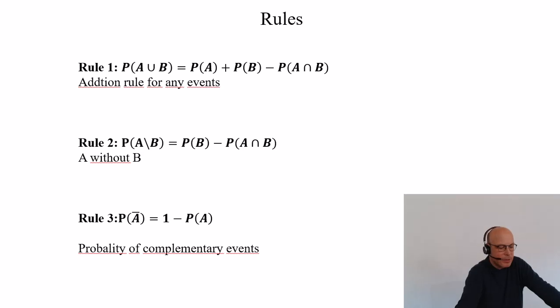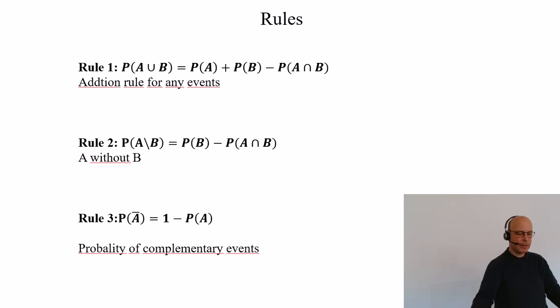And the first one now is if we have events which are not disjoint.